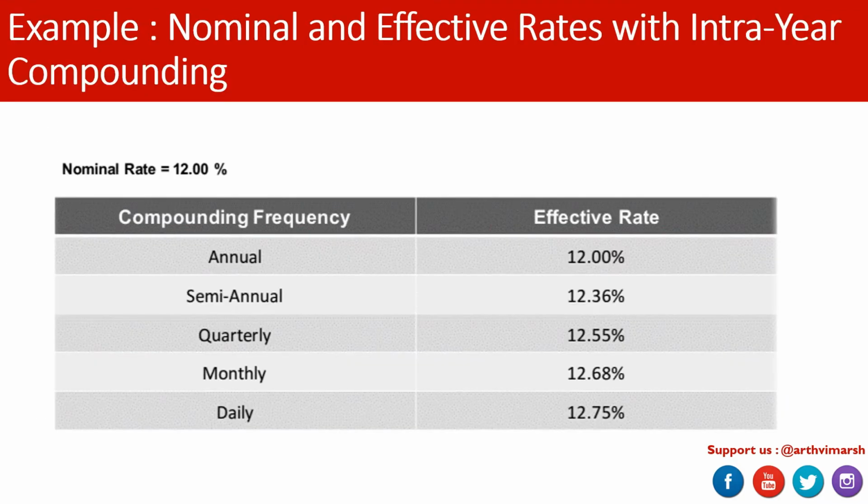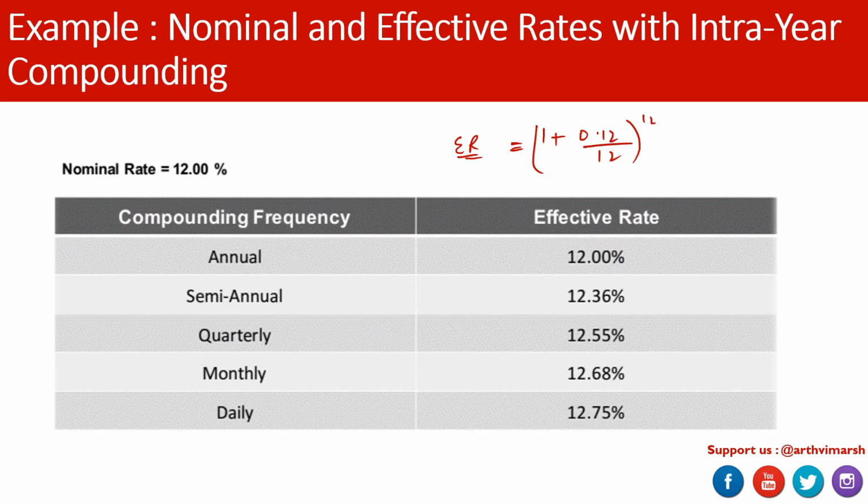Now I'm assuming that you already have the solution. Simply plugging those values into the formula, because we had the monthly compounding frequency available, our expression was 1 plus 0.12 upon 12, raised to the power 12. This gives us the effective rate.